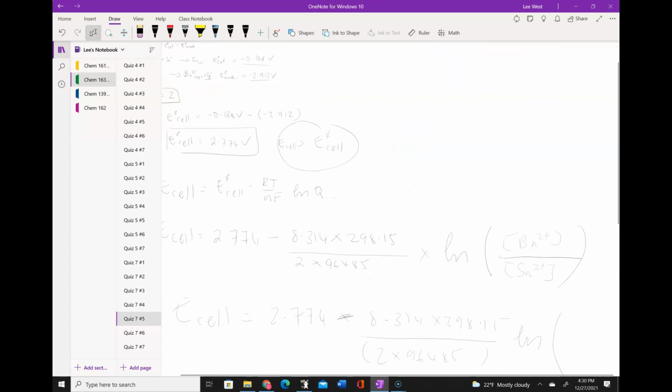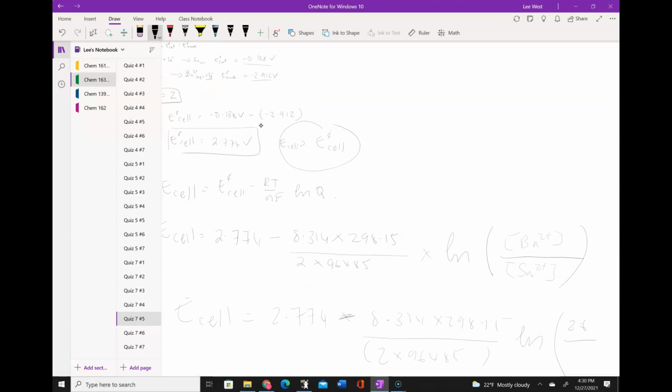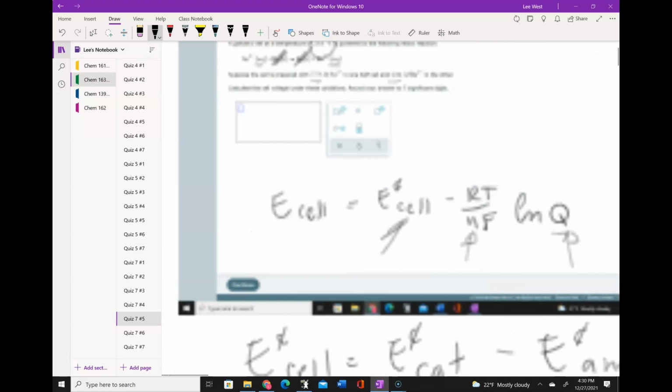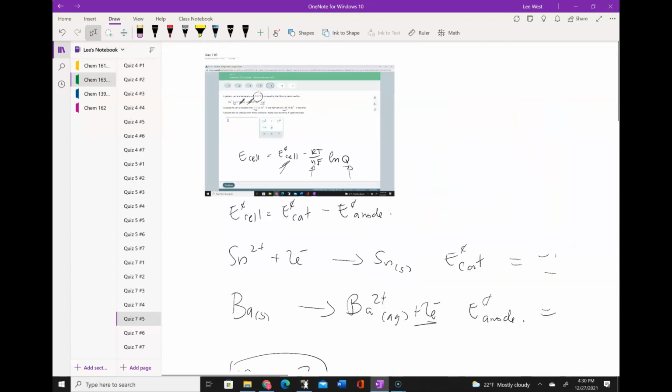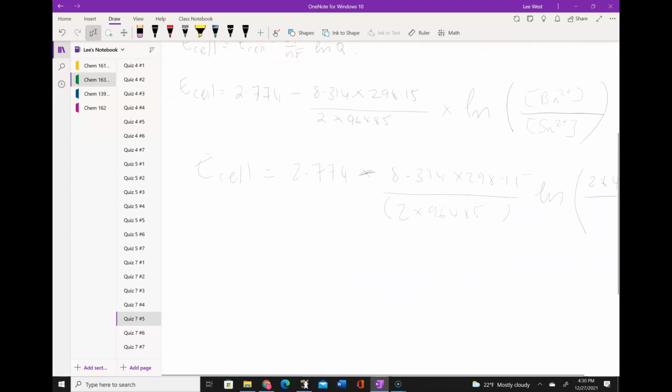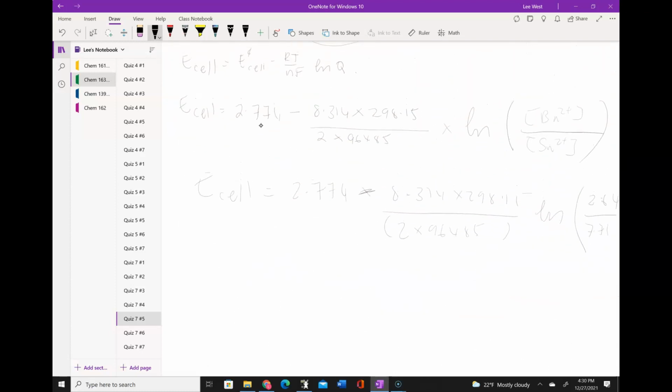We've done quite a bit before we got here. 2.64, and then our tin was 7.73. I'm going to put all of that into my calculator and see what we get.